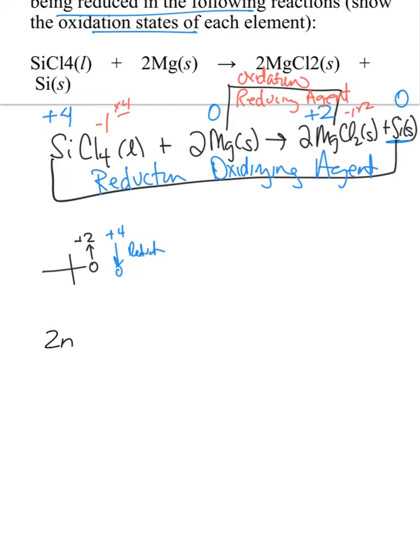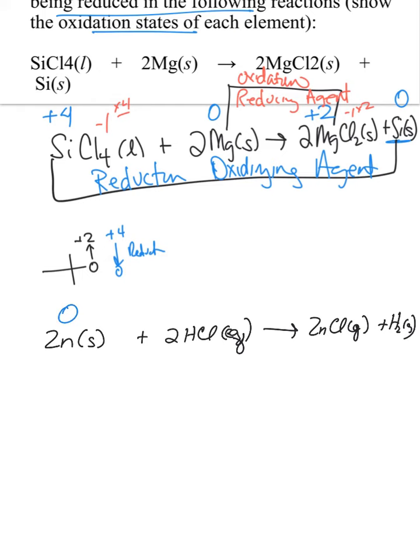Okay, the other problem that's given to you, we'll rewrite the equation here: zinc solid plus 2 HCl aqueous goes to zinc chloride aqueous plus hydrogen gas. So you find your elements in their elemental state.